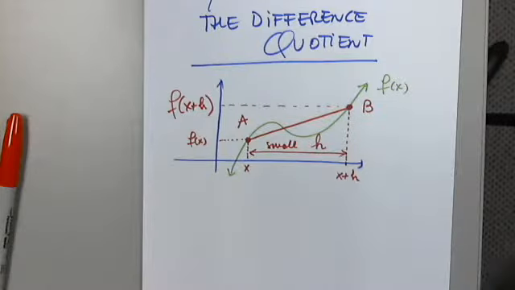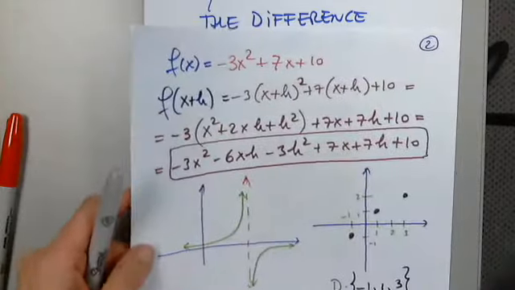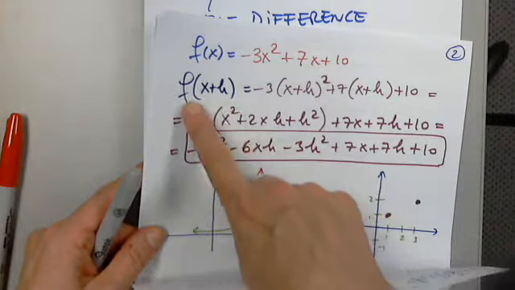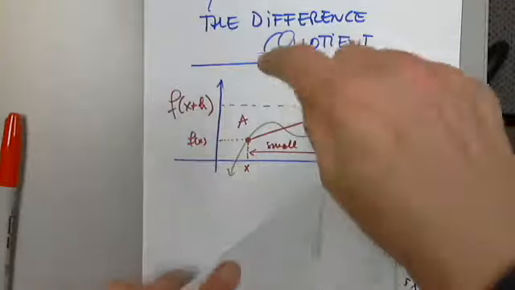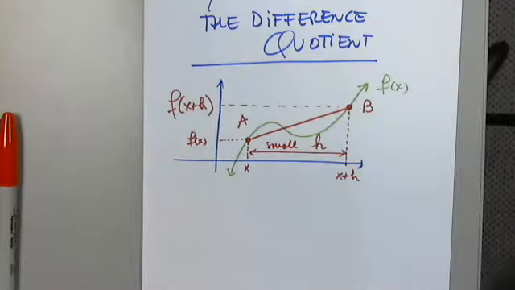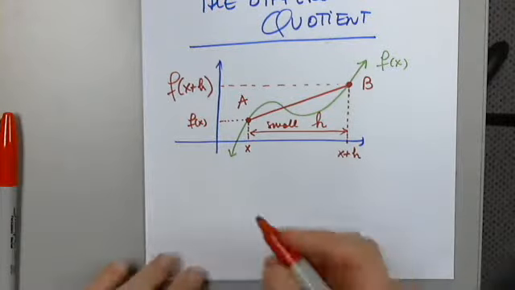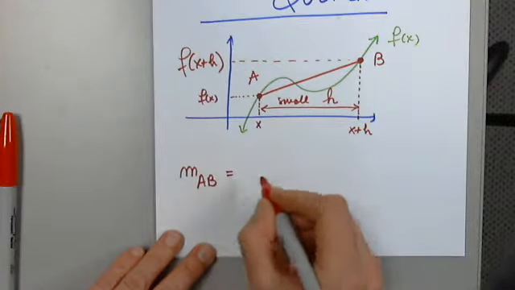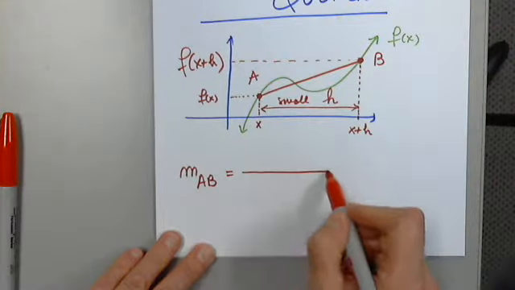That's how we started today. We had a function, and we determined f of x plus h for this point. Okay. Now I would like you to give me the slope of the line segment AB.